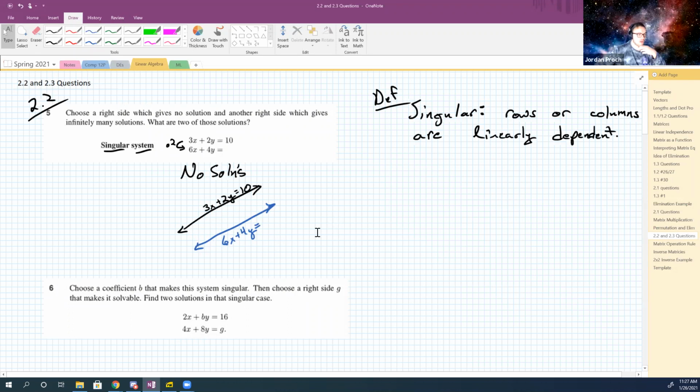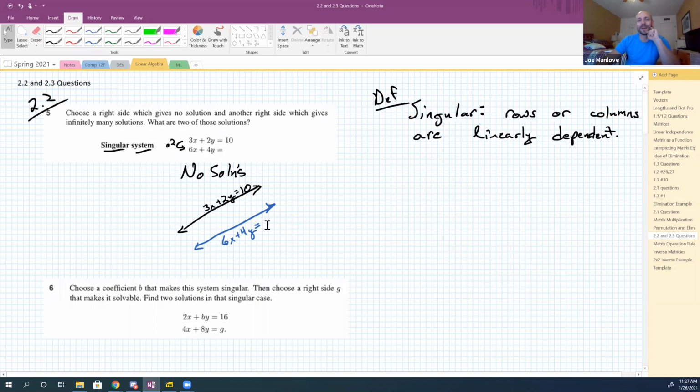Well, I'd probably do it in a boring way and turn it into y equals mx plus b. Okay, you can do that. This is a lot easier than that. All we need to do is make it different. And if multiply by 2 is what takes me from black to blue, I just need to make sure that 10 doesn't get multiplied by 2.